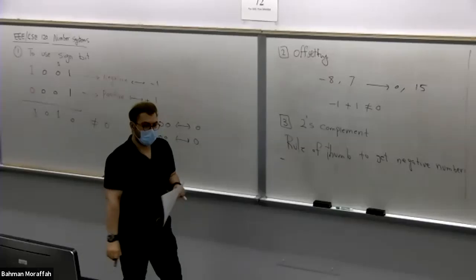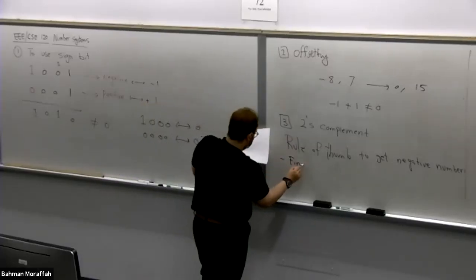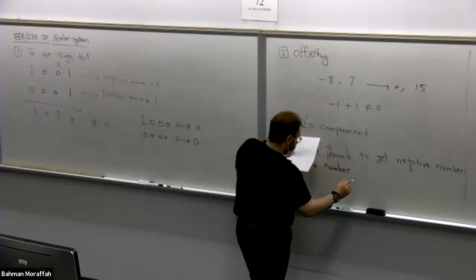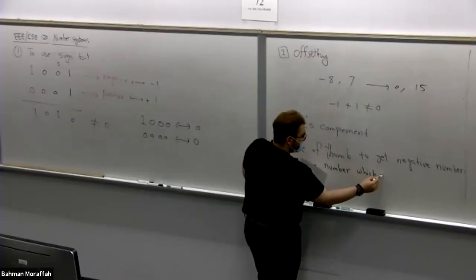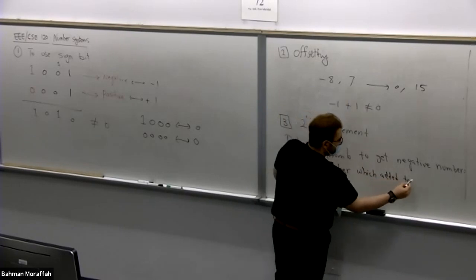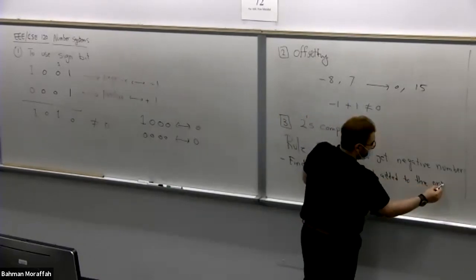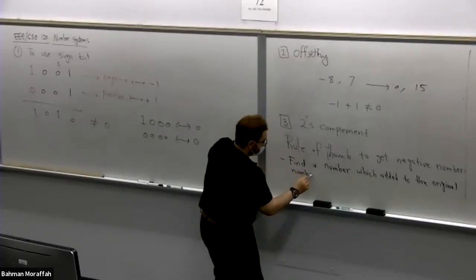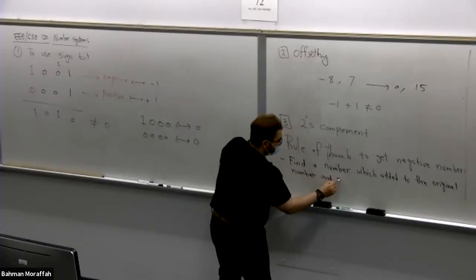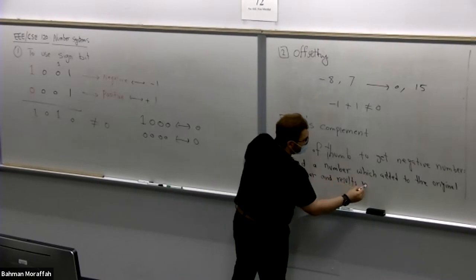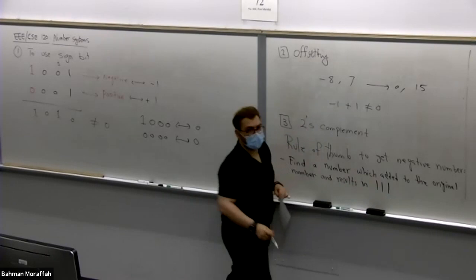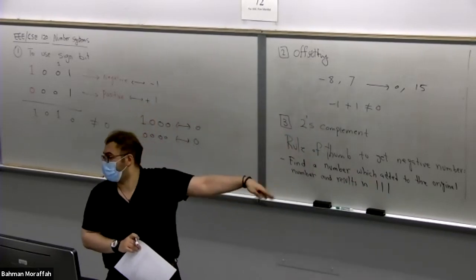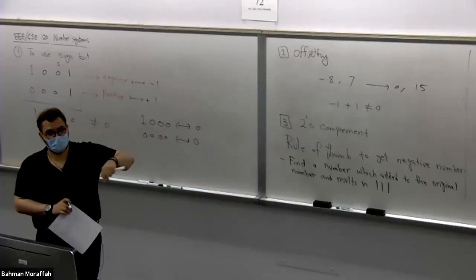First, we're going to find a number which, added to the original number, results in 1, 1, 1. I'm only writing it for 3 bits. If I have 4 bits, then that's going to be 1, 1, 1, 1.